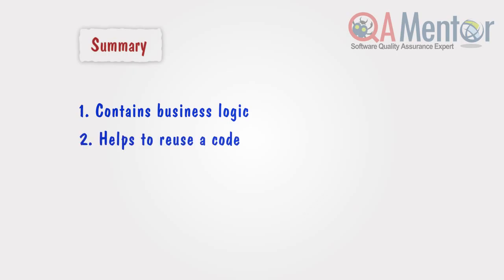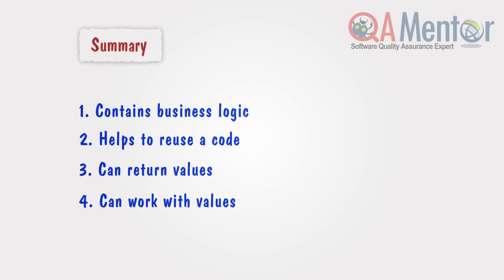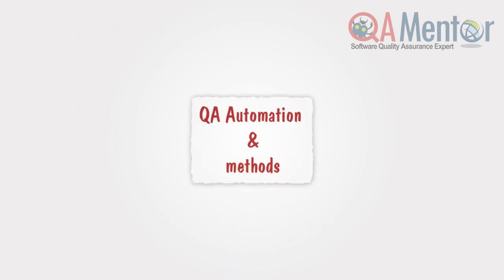Summarizing, we can say that methods contain some business logic, help to reuse the code because we do not need to repeat all code lines again and again, can return some value or not in case of void, and can use arguments passed to it. In test automation, methods are useful in many cases.